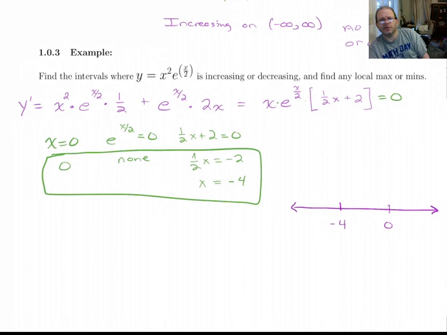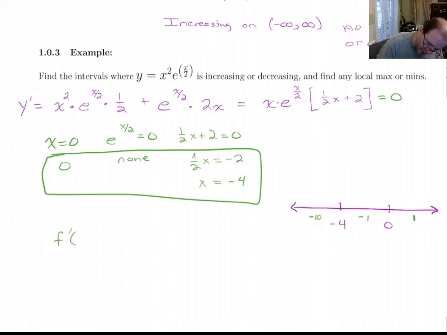Usually that's not a problem, but sometimes if you got some negatives and fractions and stuff, people get them in the wrong order. So just make sure you've got them right. All right, got to pick a test value. I'm going to pick 1 over here, -1 here, and back here I'm going to pick -5 would be one option. I'm going to go with -10 just because I think it'll be easier to plug in.